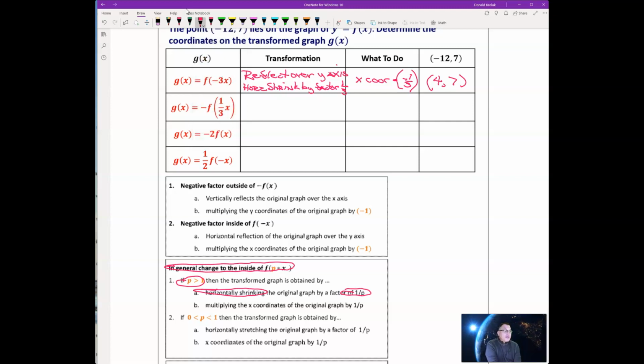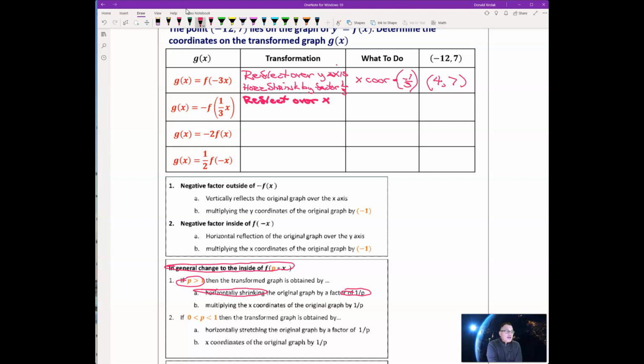All right, now the next one, this is working on two different variables. Okay, this negative on the outside is going to reflect over the x-axis.